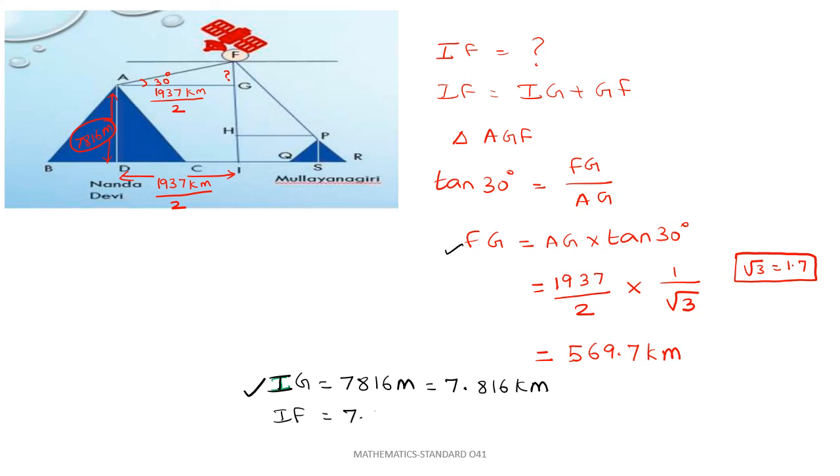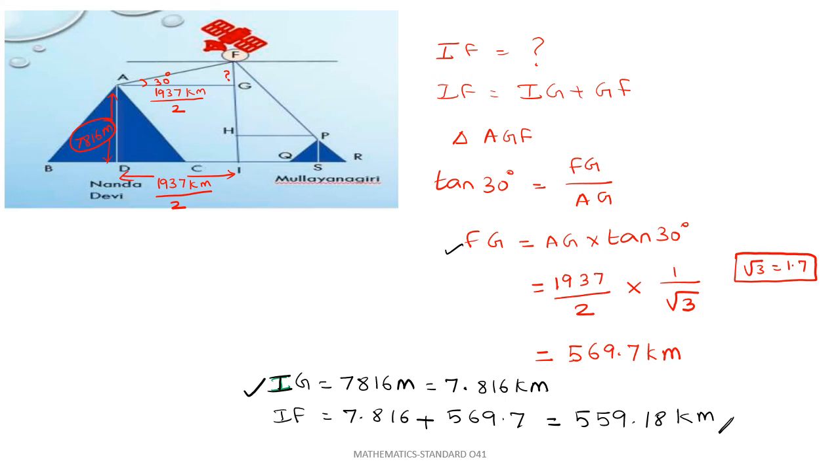IG is 7.816 plus 569.7. So the final answer is 577.516 kilometer. So the distance of the satellite from ground is 577.516 kilometer.